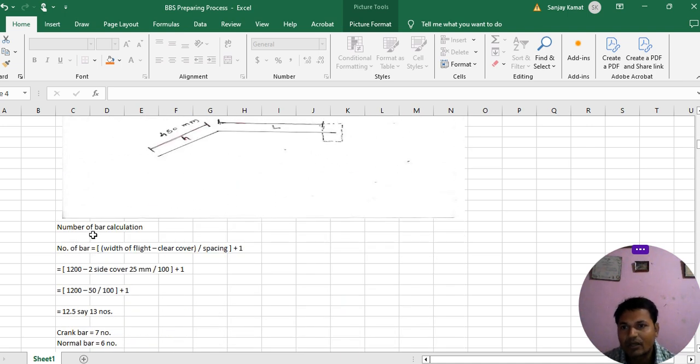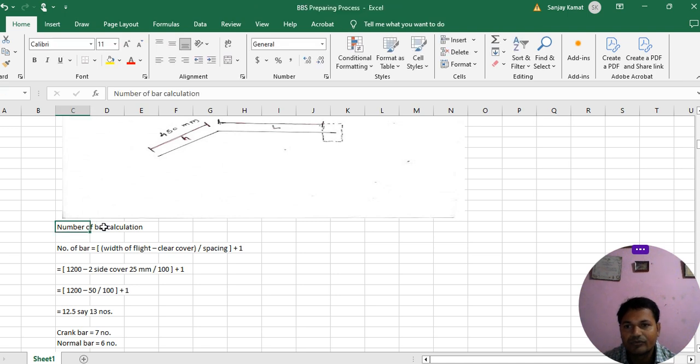Number of bars is equal to width of the flight minus clear cover, divided by spacing, plus 1. This is our formula to calculate the number of bars. I have shown this 2-3 years before; see my previous video on how to calculate this. I have taught it there.